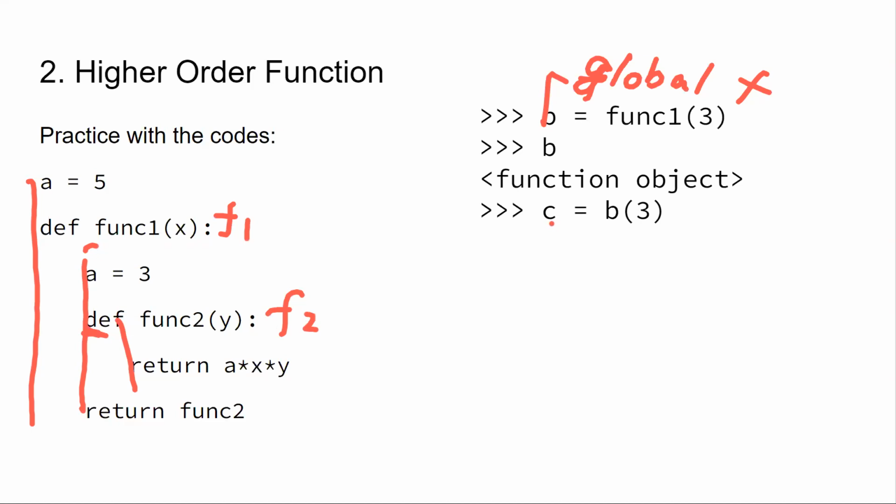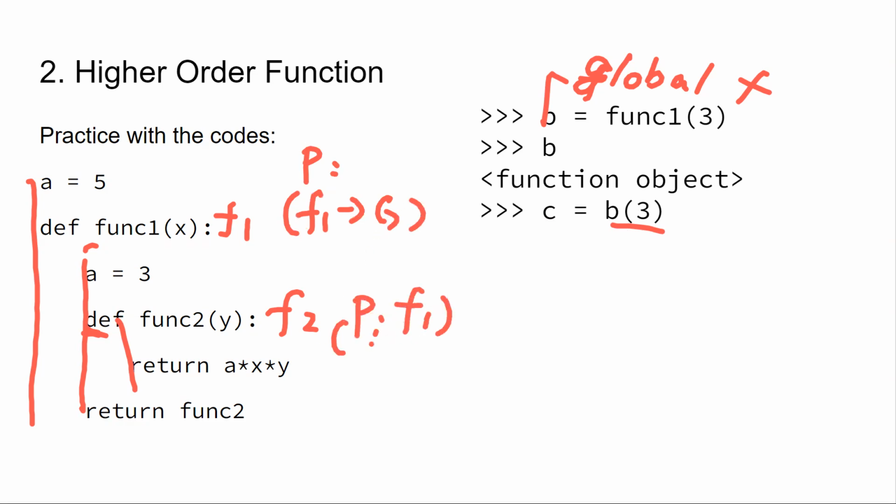So c is b of 3. The parent of F1 is global, and the parent of F2 is F1. So we pass 3 into this function, and then we return a times x times y, so something times 3. What's x?